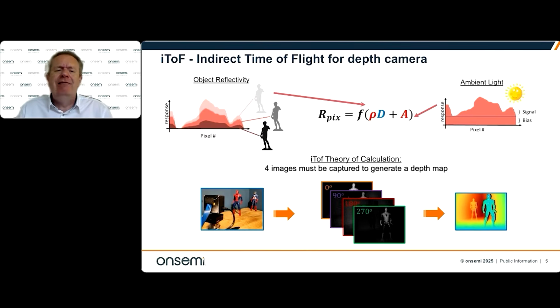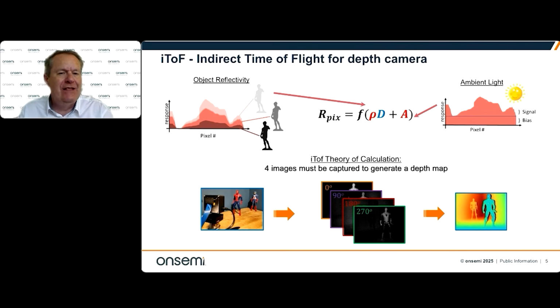Okay, indirect time of flight needs reflectivity of an object. The object reflectivity determines how good the signal is that's reflected off the object. So the pixel response is a function of the reflectivity of the subject, the distance of the subject, but then ambient light comes into play.